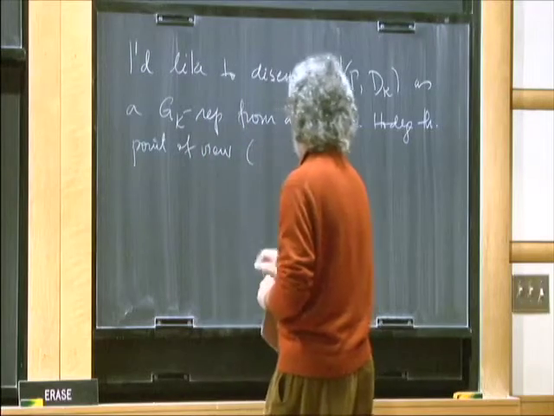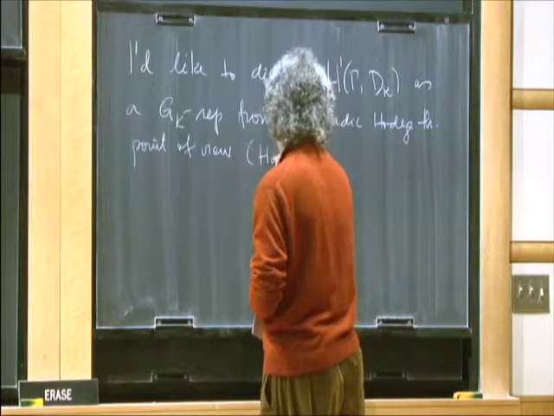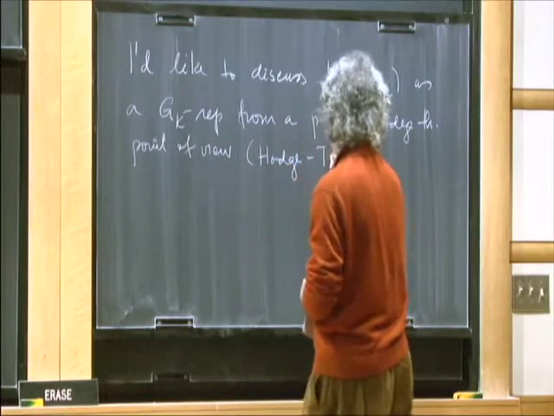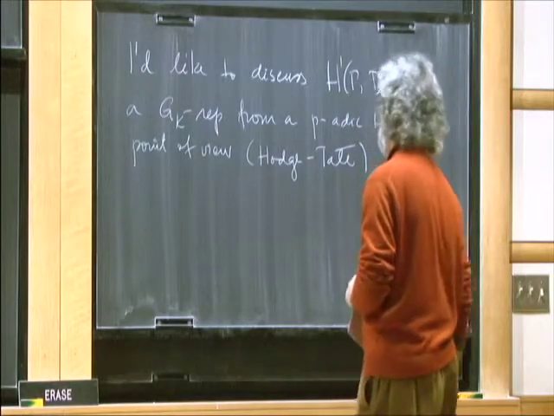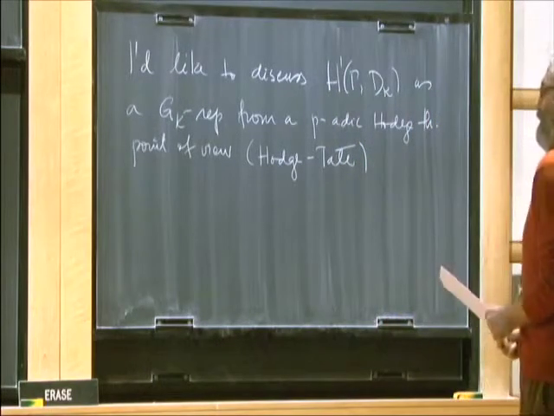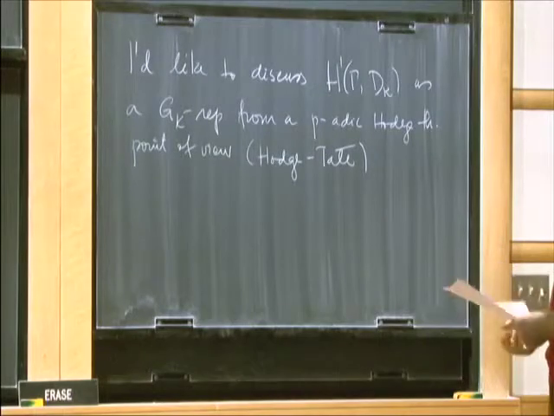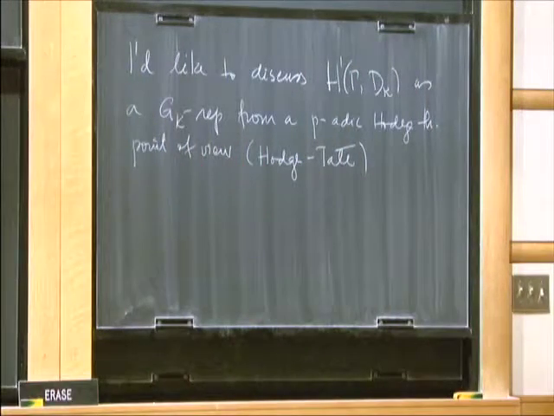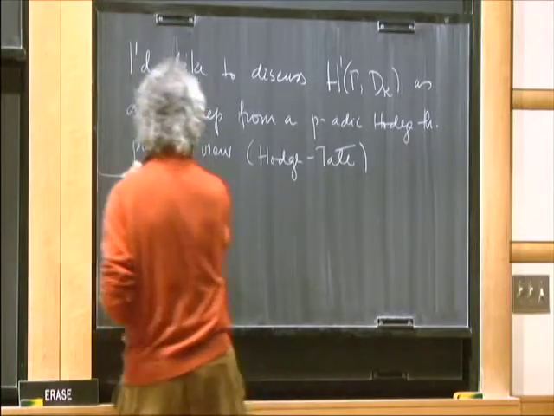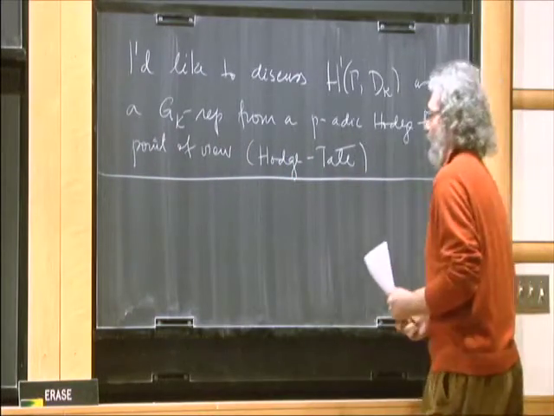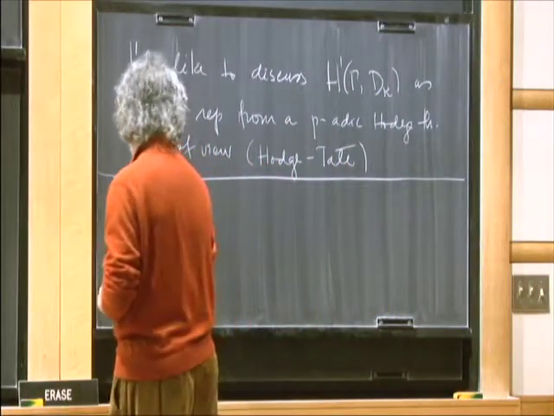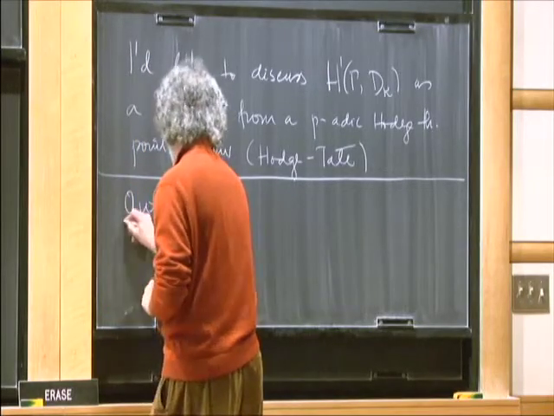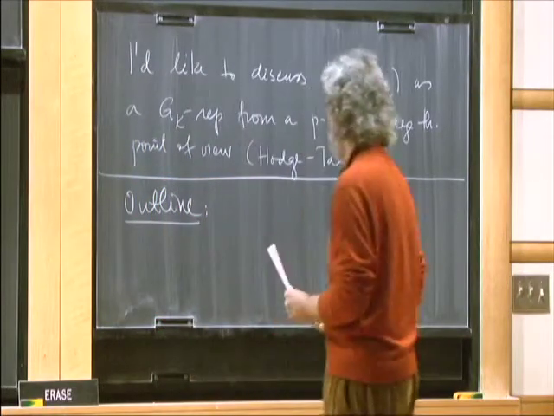Let me just talk today about the Hodge-Sen structure of this Galois representation. Okay, so this is the goal. And here is the outline of what we can do so far.